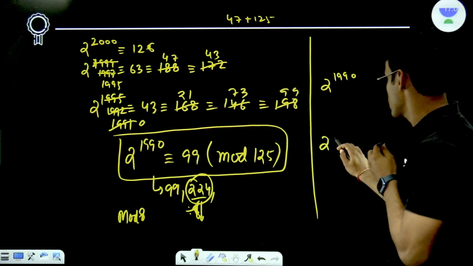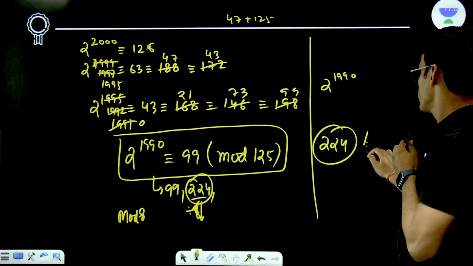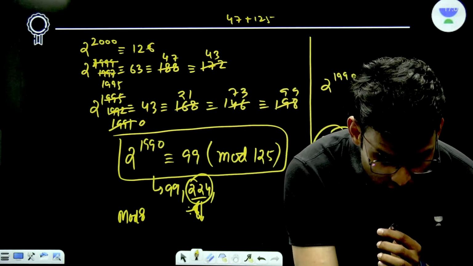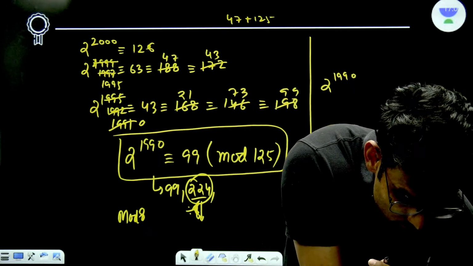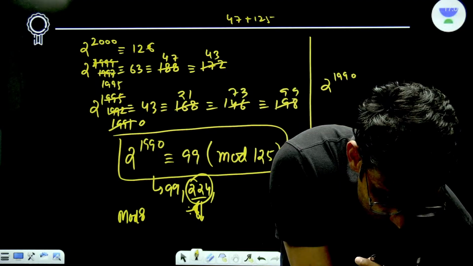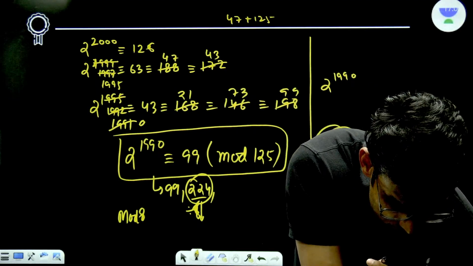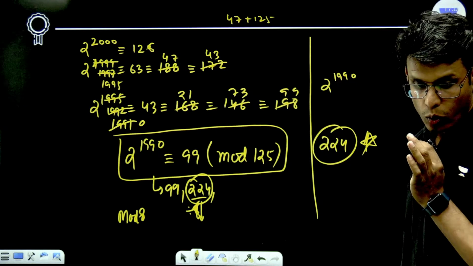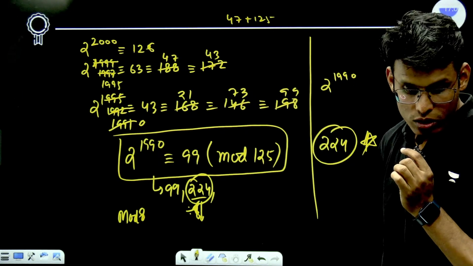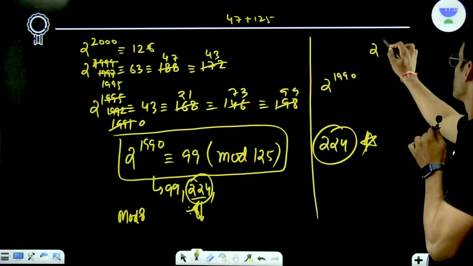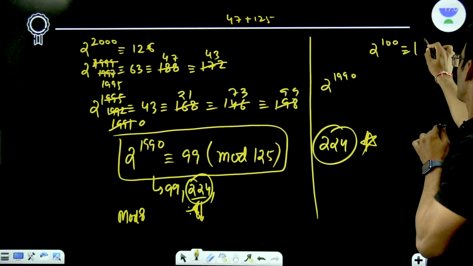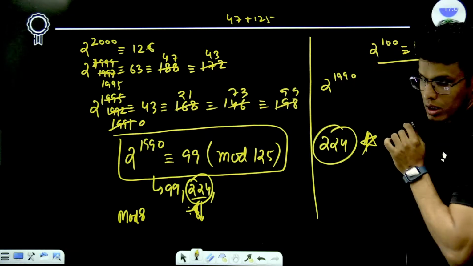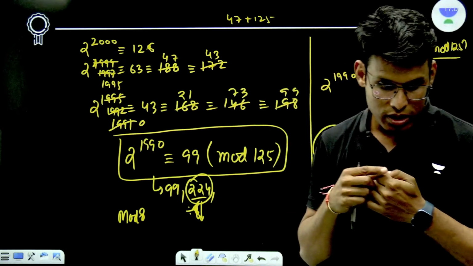So 224 is right. No, no. 2 to the power 100 is congruent to 1. 224 is the correct answer.